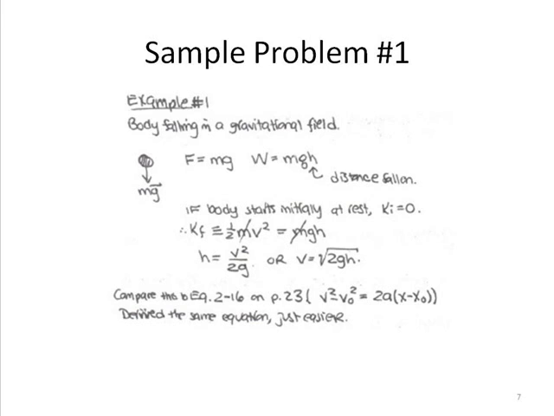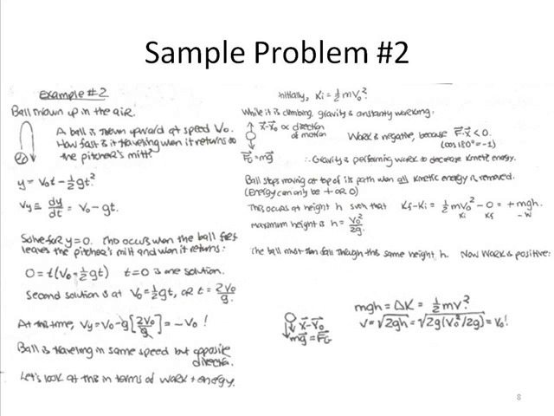Speed goes as the square root of the distance fallen, or the distance fallen is directly proportional to v squared. This is an easier way to derive the same result, which shouldn't be surprising since the laws of physics have to be internally consistent. Let's look at a slightly more complicated problem.